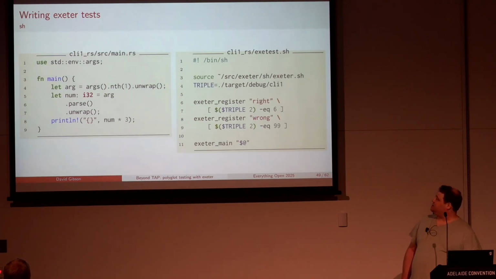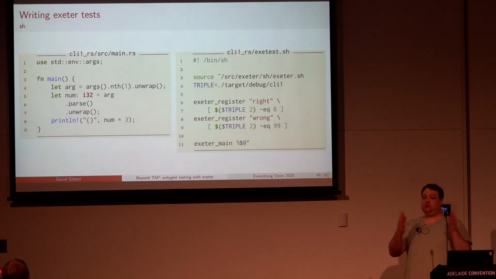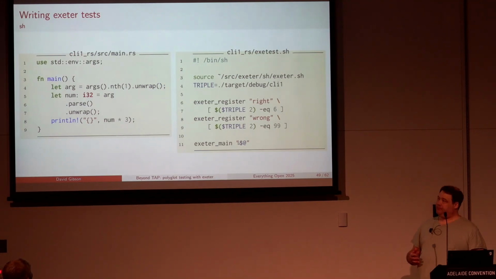So you give it a name. So this is a test that's correct. 2+2=4 is 6. Or rather, this is just a shell command. And here we've got a test that's wrong to show what happens when you fail. And then at the end, you invoke exeter_main with your command line arguments, and it will do that Exeter interface I just talked about.